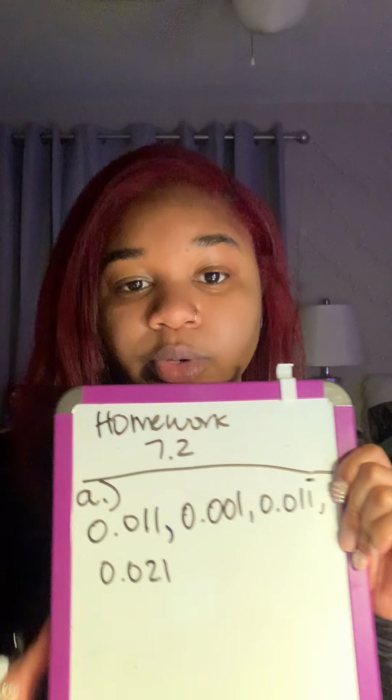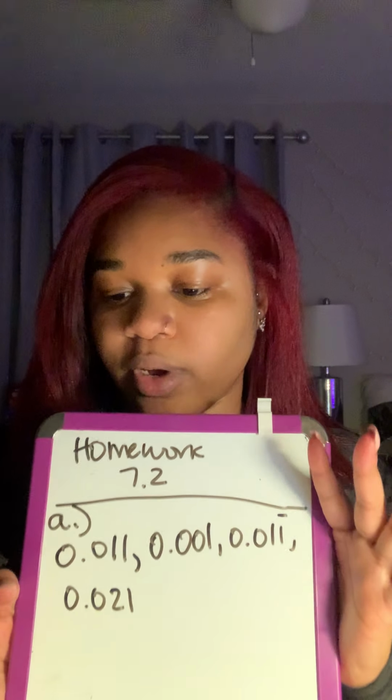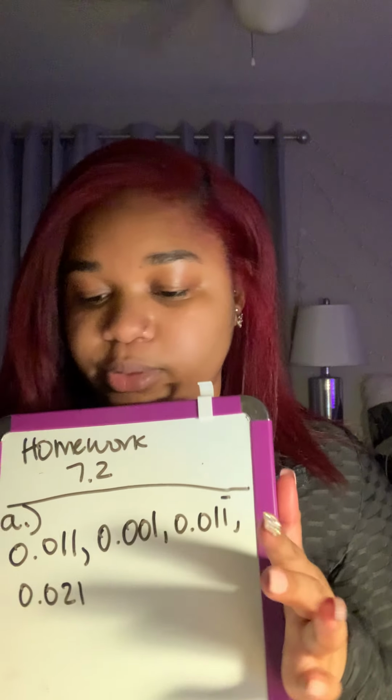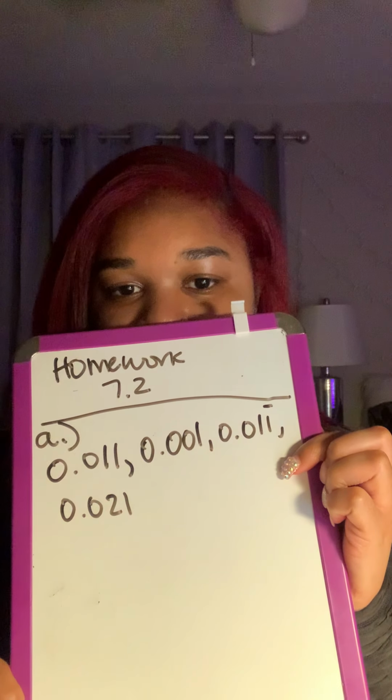Okay, so we just have to put these in order from least to greatest. So which one do you think goes first? Which one do you think is the least out of all of these numbers? So I'm gonna turn it this way so we can actually write it in the list.